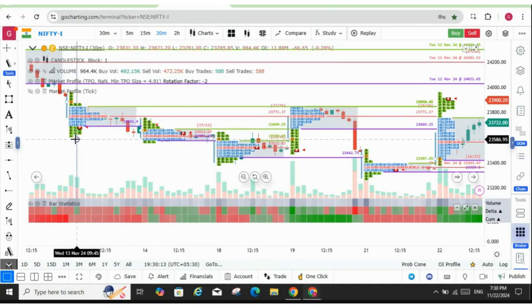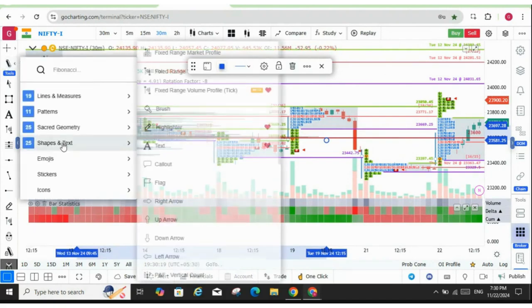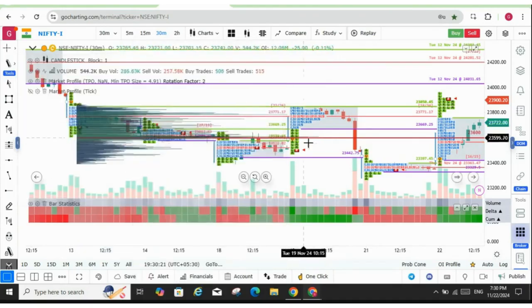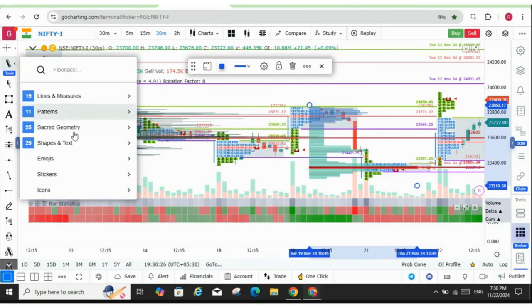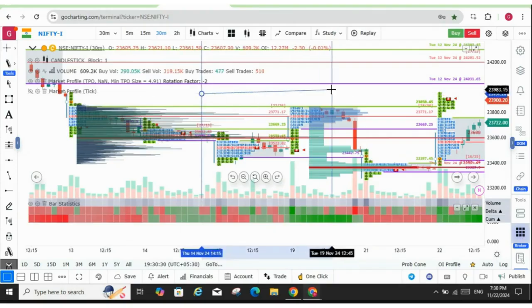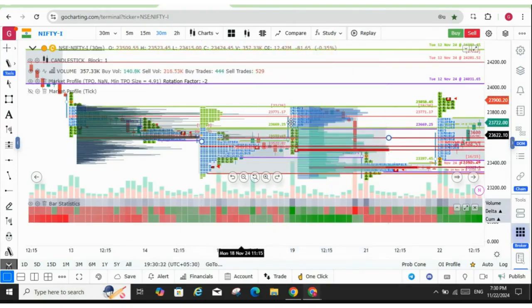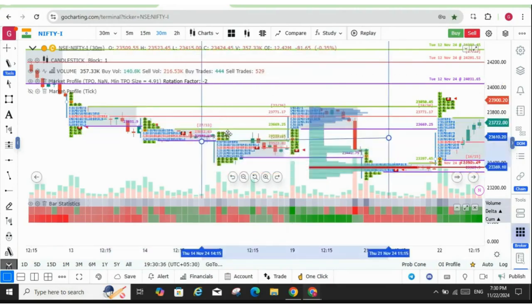You can apply it from here to here, and this is your volume profile tick. You can also use the normal volume profile tick. I personally like the fixed range market profile and use it quite extensively. So you can also take help of these tools in your trading.